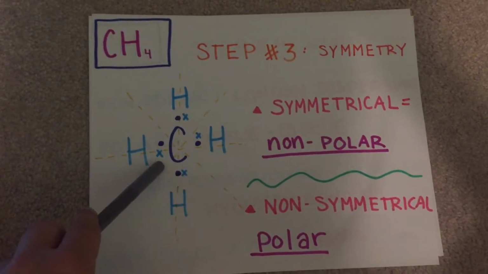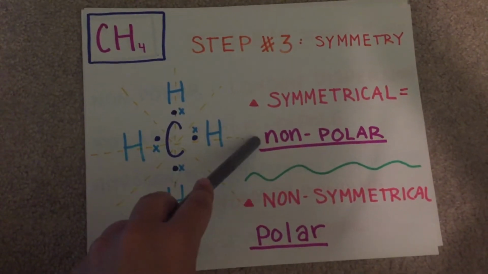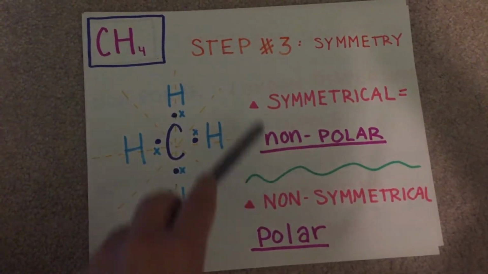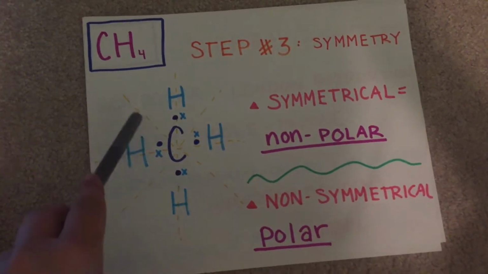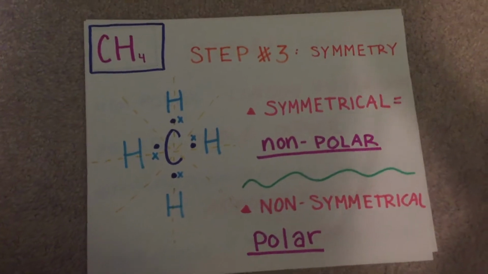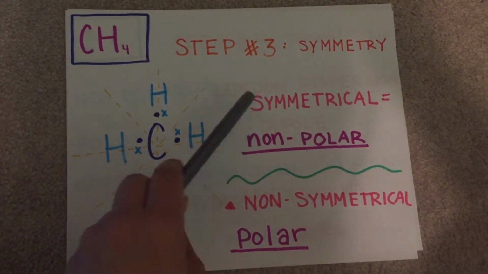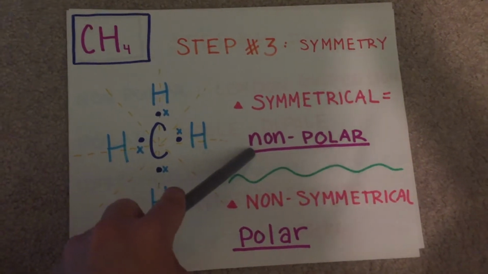If you take a look at this CH4 example and the yellow lines, any way you try to cut this atom in half, it's going to be the same on either side. And if it is the same on either side, that means it is a symmetrical compound and is therefore non-polar.